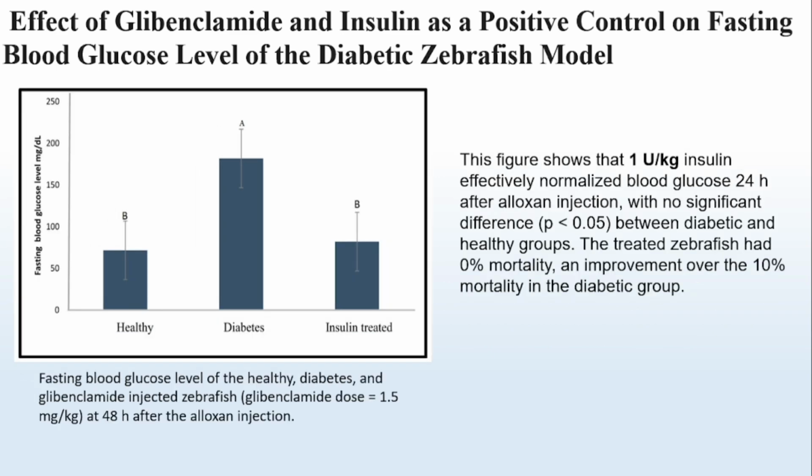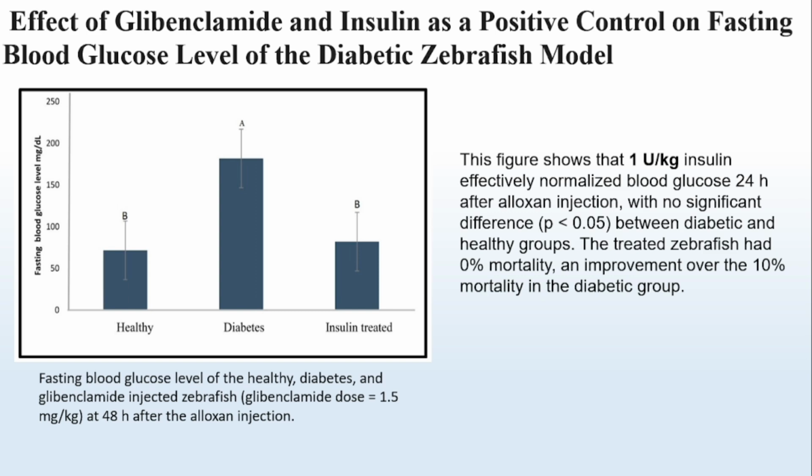And the same with glibenclamide, we used insulin as a positive control on the fasting blood glucose level of the diabetic zebrafish model. The dose used for the insulin is 1 U per kilogram, but very different from the glibenclamide effectiveness, the insulin does effectively normalize the blood glucose 24 hours after the alloxan injection.